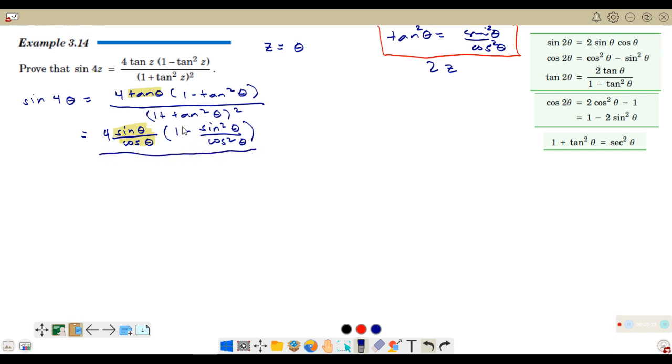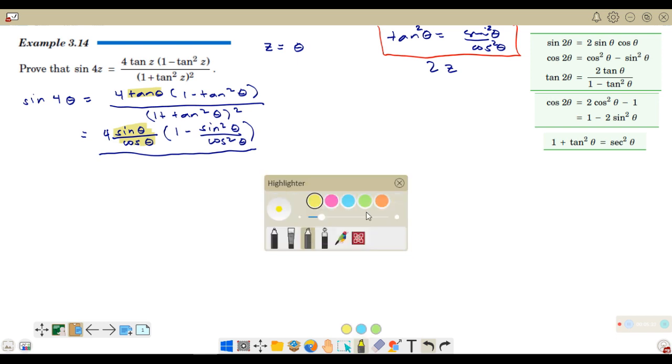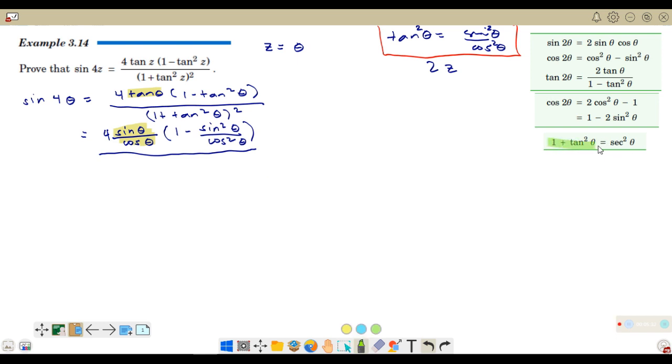Now, let's go to the denominator. This is quite different kasi si tangent squared theta, hindi na natin siya ita-transform into sine squared theta over cosine squared theta. Instead, we will make use of the identity that we have discussed on our earlier lessons, and that is the identity 1 plus tangent squared theta is equal to secant squared theta.